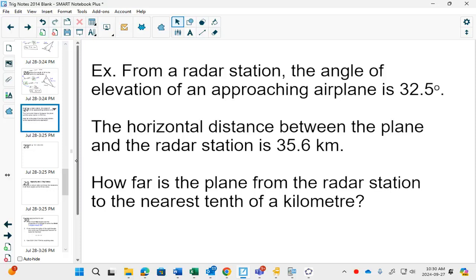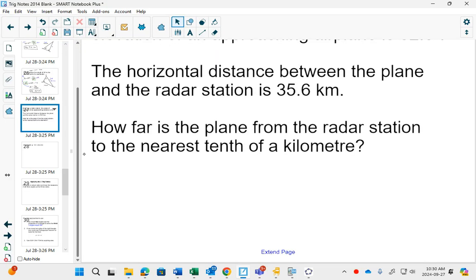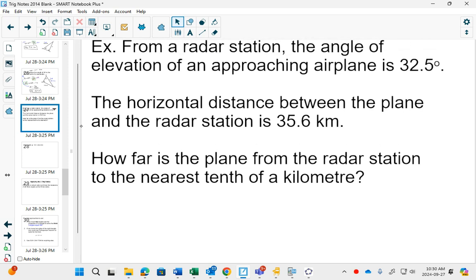Okay, let's see how your picture went. First of all, you have a plane. Here's my plane. Now, you can make your radar station either on the left-hand side or the right-hand side. How many people put their radar station right here?